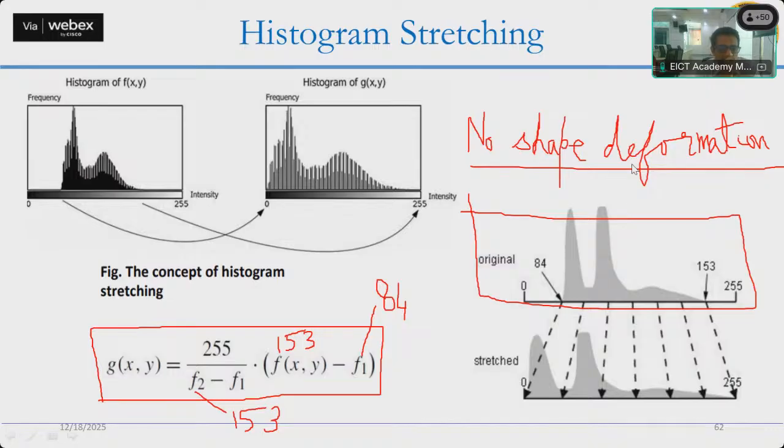One is that it is stretched from 0 to 255. The important thing is that the first value will come at 0 and the last value will come at 255.